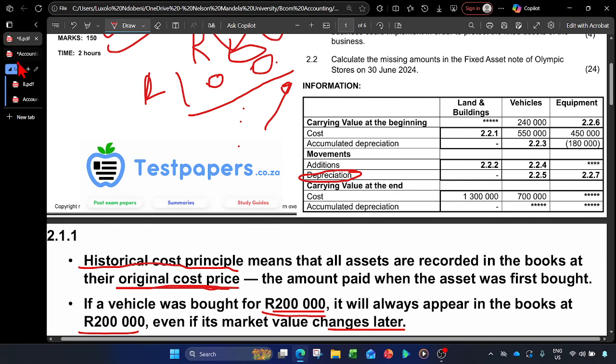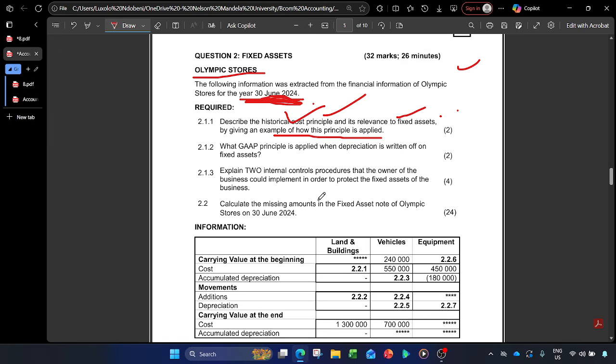There is another GAAP principle that they asked about here, but before we talk about it, I would like to explain it to you. Guys, before we go to 2.1.2, it is important to read the question, because someone can just explain historical cost and not give the examples, which is also asked.